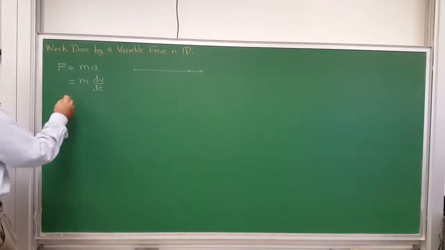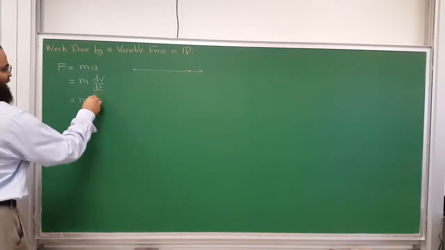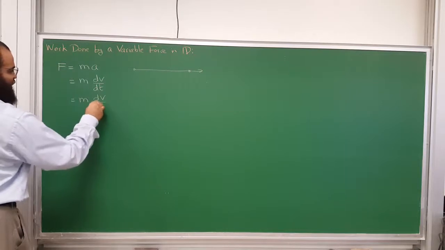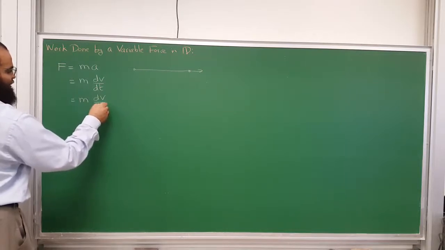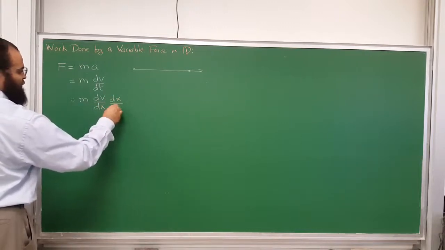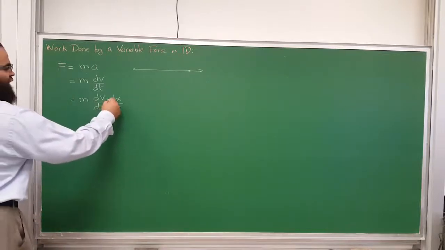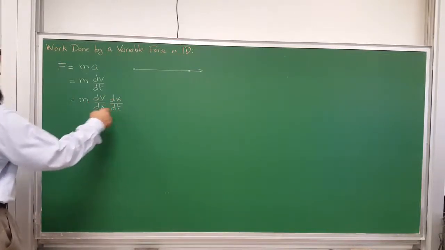So the velocity is a function of where you are along the x-axis. So I'm going to use the chain rule and say that this dv dt will be dv dx, because the velocity is a function of where you are along x, and then dx dt. You may have seen this before, right? If you cancel these, it goes back to dv dt.